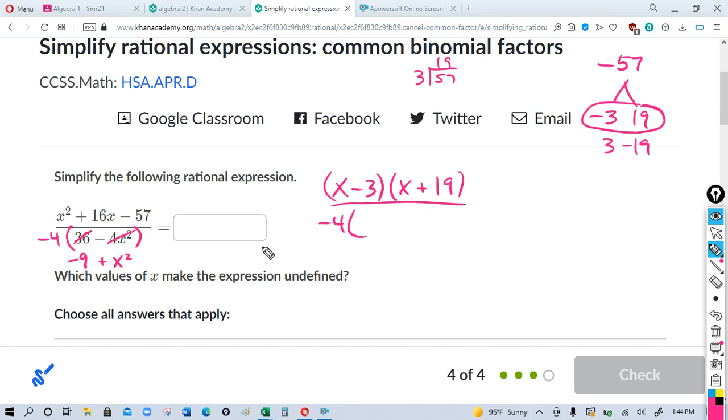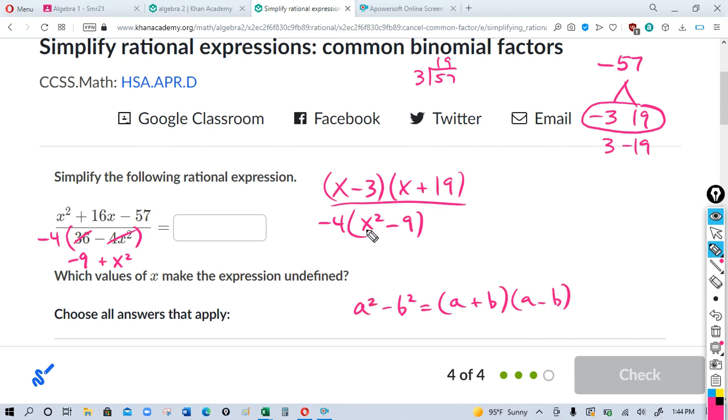Okay, so we have x squared minus 9. Okay, now remember our formula. A squared minus b squared. That's going to be a plus b times a minus b. All right.